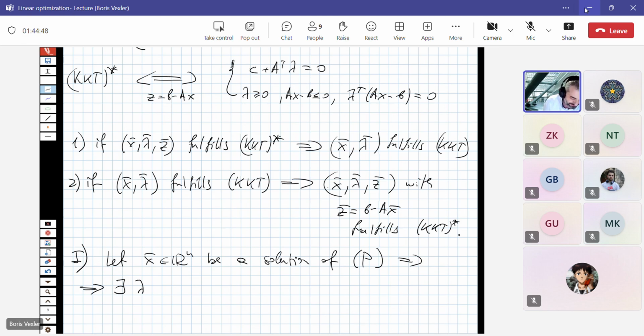There is lambda bar in R^m such that x bar, lambda bar fulfills KKT. But now we know that if some pair fulfills KKT, then this triple fulfills KKT star.